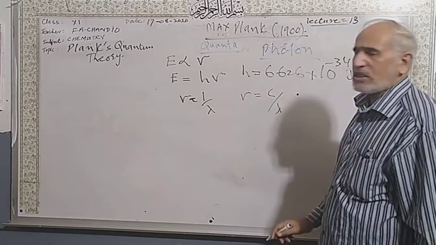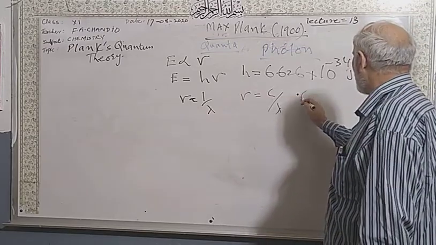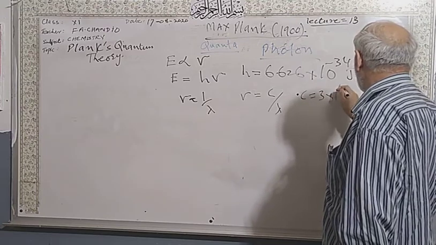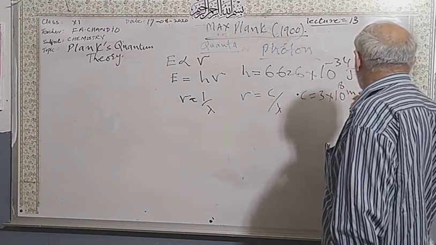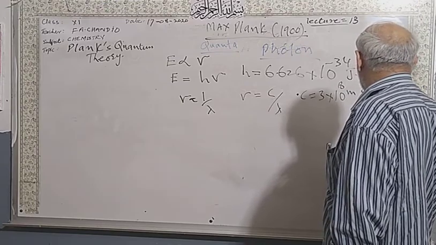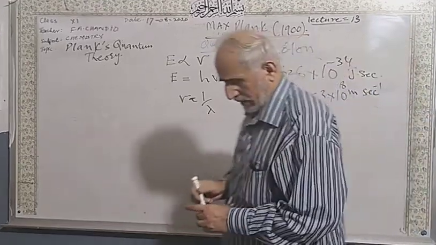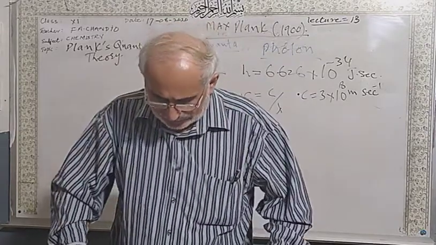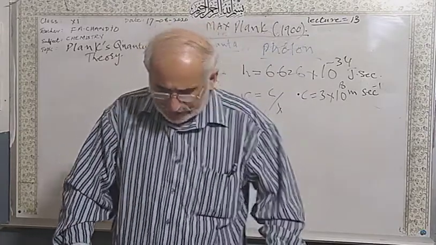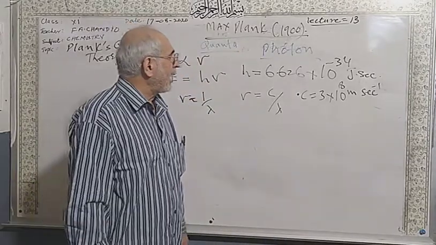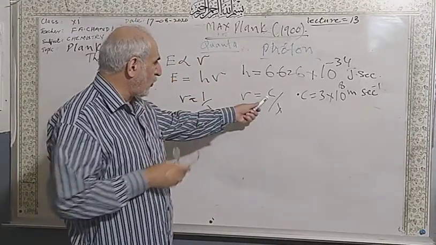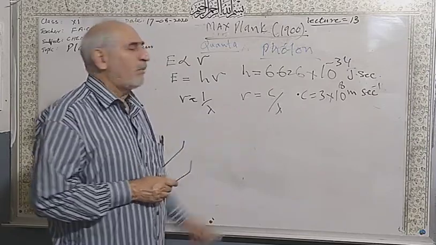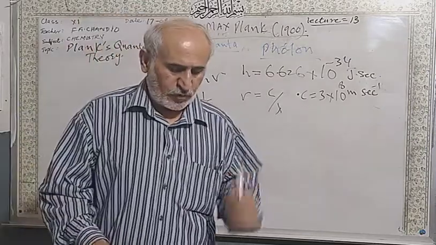Where c is the velocity of light, and the value of c is 3 into 10 raised to power 8 meters per second. So if you put the value here and if you have the wavelength, you will be able to calculate the frequency.